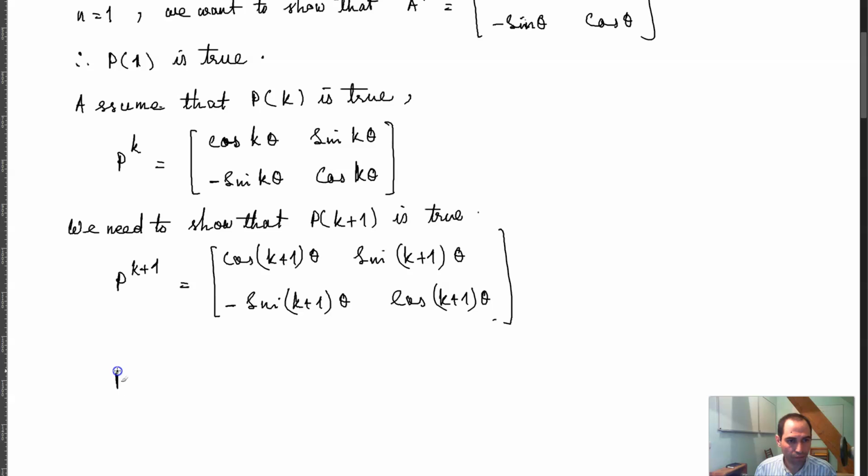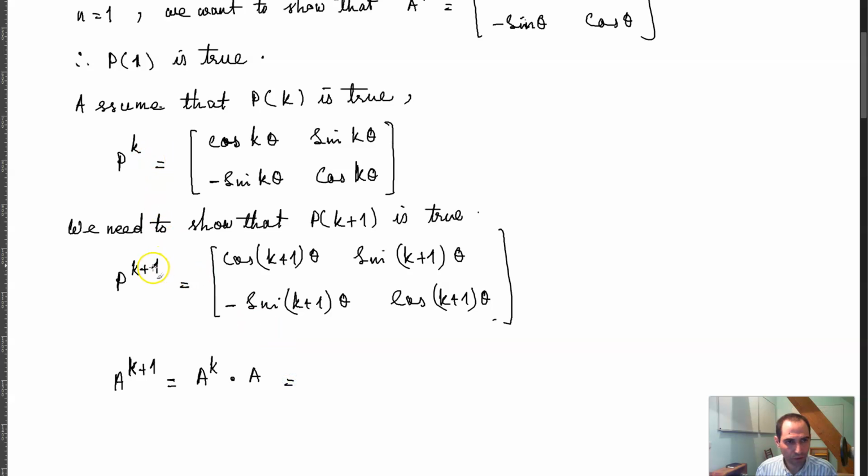So P of k plus 1, I can simply write it as A raised to the power k plus 1, which would be equal to A raised to the power k times A raised to the power 1, of course.